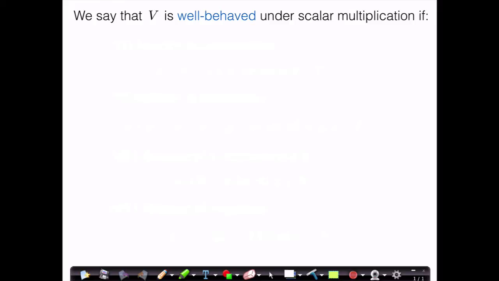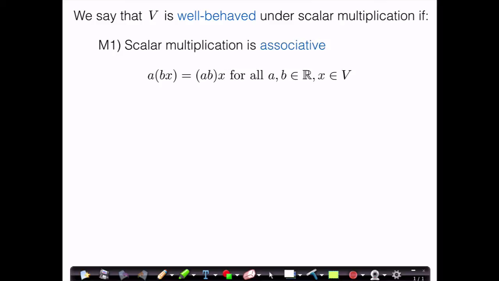Okay, now we have some conditions on scalar multiplication. So we're going to say that V is well behaved under scalar multiplication if it satisfies the next 4 properties. So the first is again about associativity.